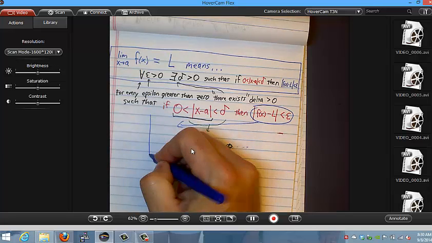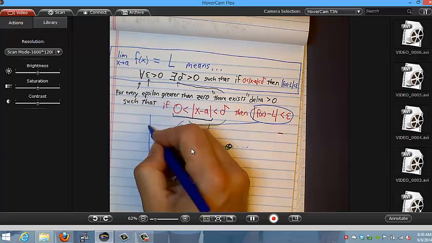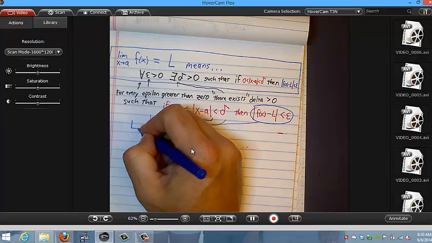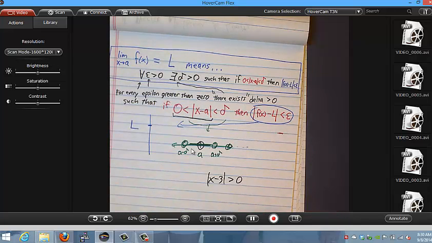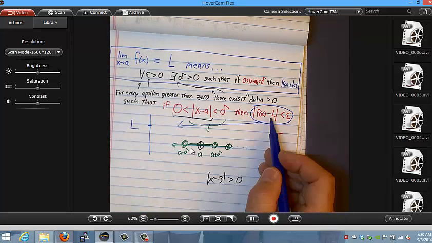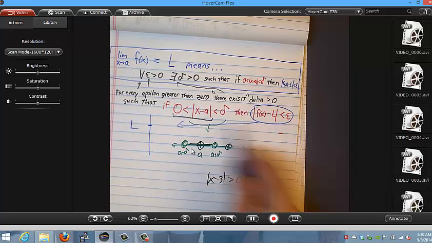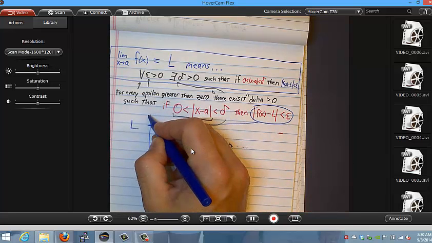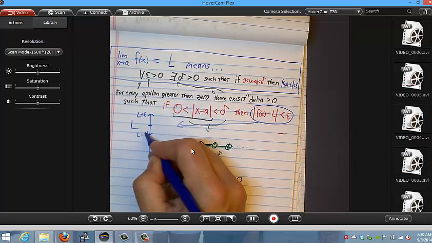On the y-axis somewhere, we have what I'm calling the limit, L. And what I'm saying is that's the center, right? Now, how far away from L should I move? Epsilon, whatever that is. So here's L plus epsilon, and here's L minus epsilon.